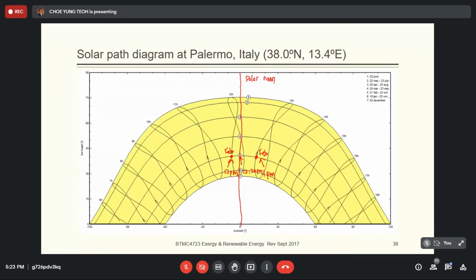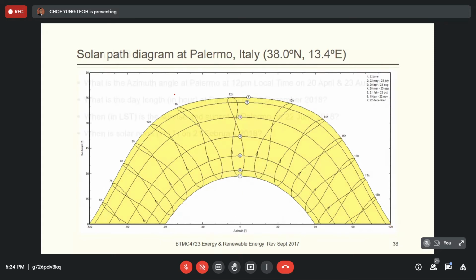So it means that the sun always passes through the south of the Palermo. So you can see that sunrise is on the right, sunrise is east, sunset on the right. So this one is west. So we know that this direction is south. So the sunlight passes through the south all year long.